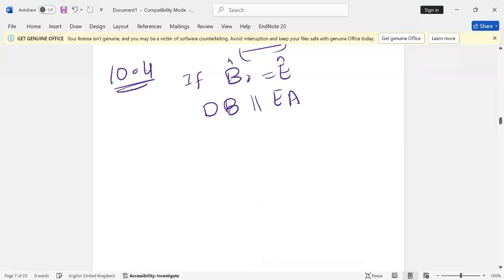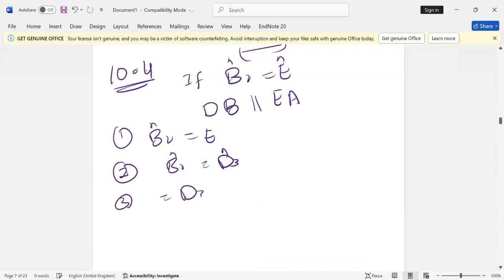The method is using the relationship between B2 and the angle subtended by the same arc. The first point is B2 equals E, which is given. The second point is B2 equals D3, angle subtended by the arc AC. The third point is D3 equals E, transitivity, okay?